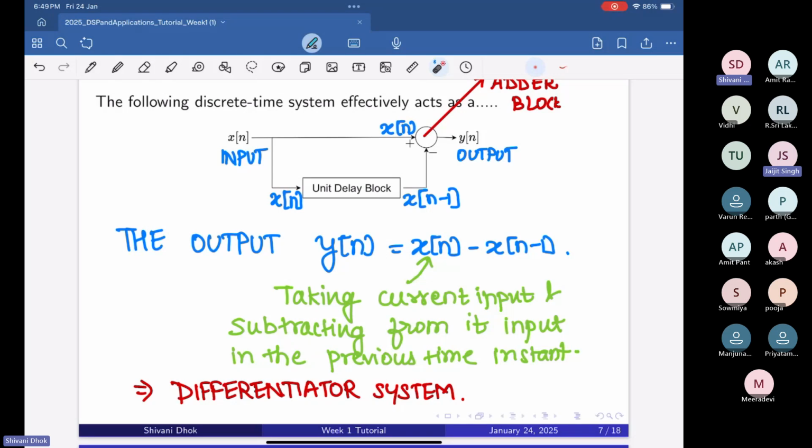Good evening, ma'am. Can we say that yn is an impulse signal? No, no. If your xn is a unit step function, then whatever you're saying is correct. We'll come to that in the next week.